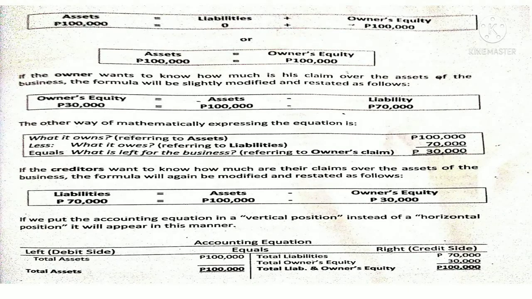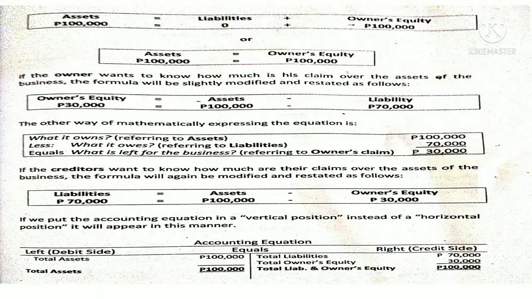If the owner wants to know how much is his claim over the assets of the business, the formula will be slightly modified and restated as follows. Owner's equity equals assets minus liabilities.